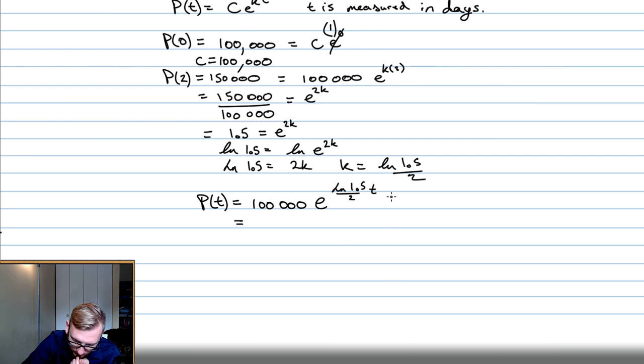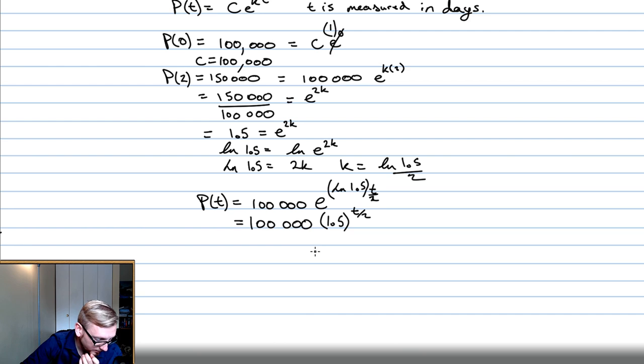Which then we could say, well, let's erase this 1/2, and we'll go over to here, a little nicer, times t over 2. Then with that, they cancel out a bit, which then gives us 100,000, and we get 1.5 to the power of t over 2. See that? You see that?